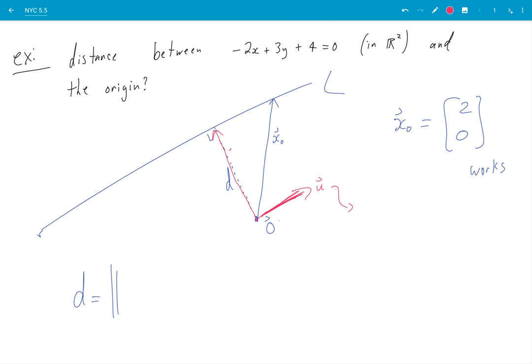Looking at the equation here, I can see that minus 2, 3 is normal to L. So if I flip these and change the sign of one of them, I get a vector that is parallel to L. And I will choose that to be my u vector.